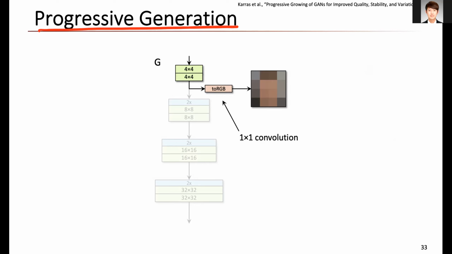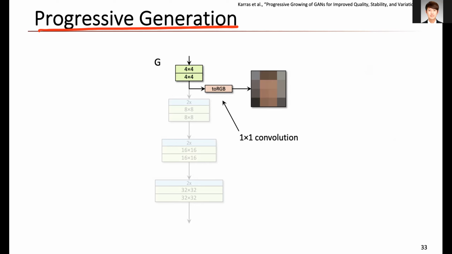If you want to generate high resolution images, for example, 1000 by 1000, training the generator directly from 1 by 1 to 1000 by 1000 is going to be really challenging, and it's very sensitive to the learning rate, or it's going to get stuck in local minima very frequently, right?